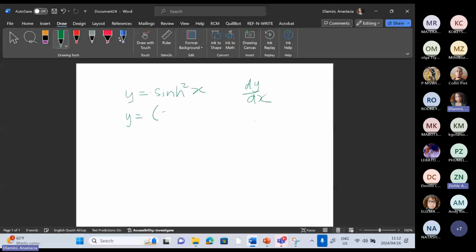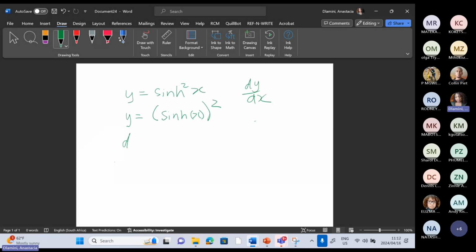This will be the hyperbolic sine of x, squared. Do we not take the 2 to the front?